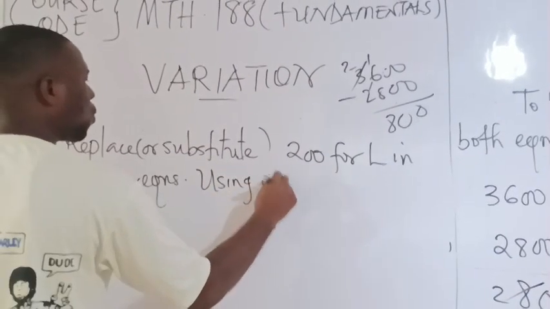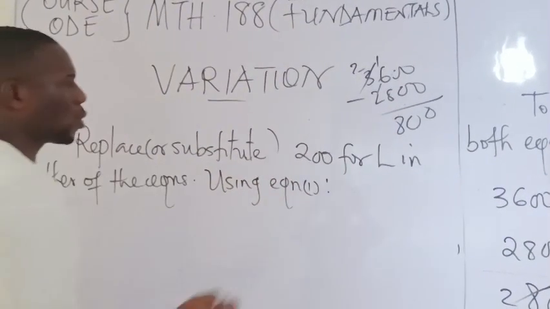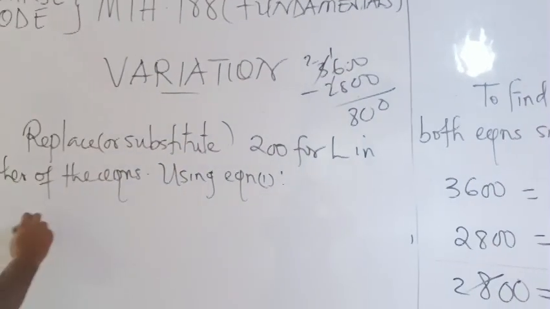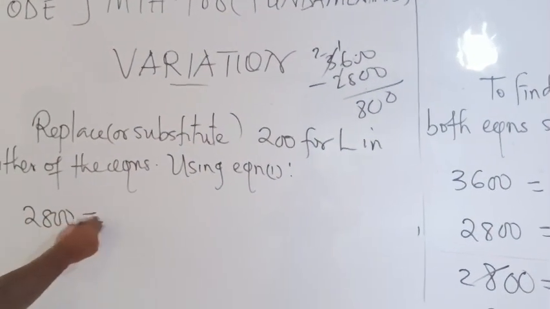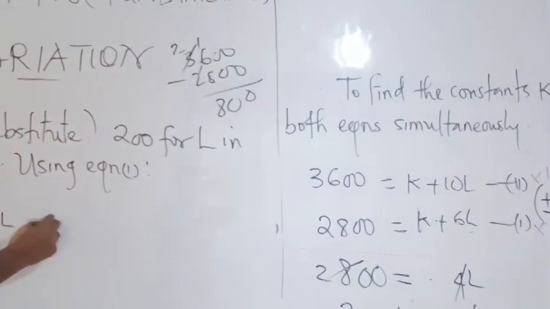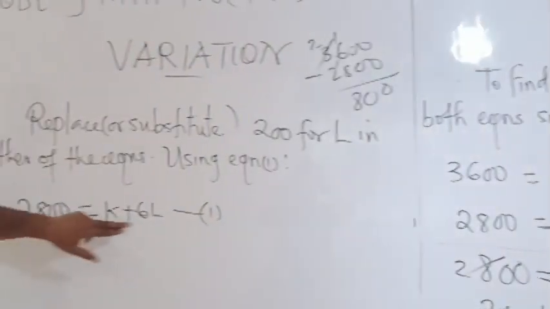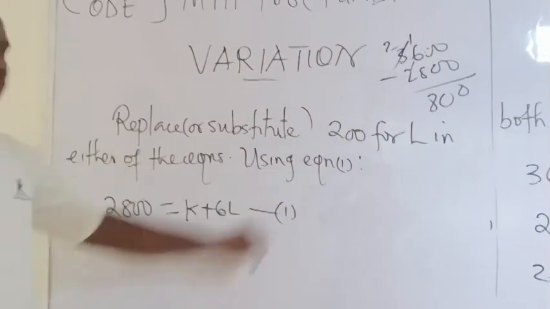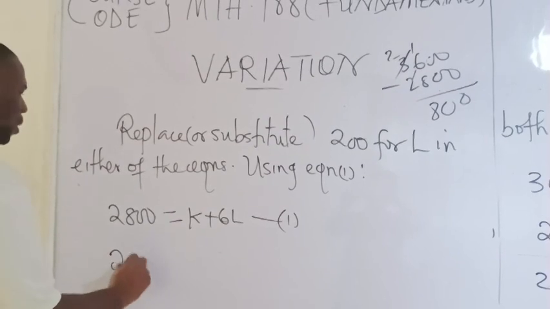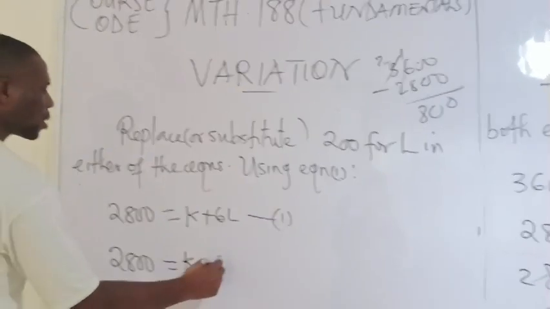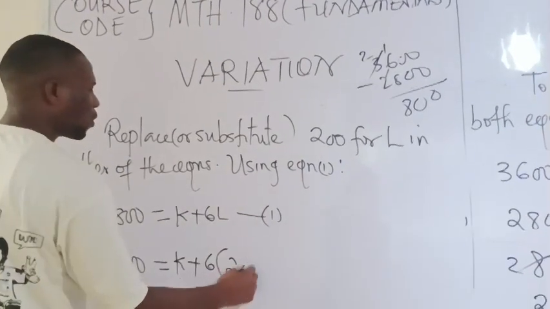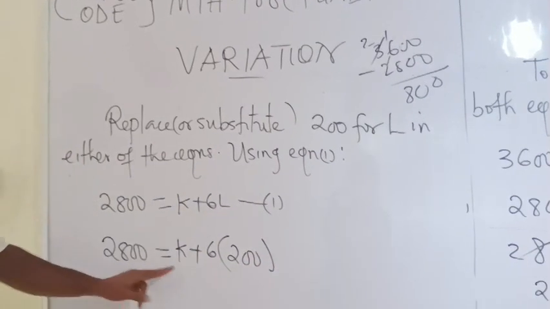So using equation 1, and what is equation 1? Equation 1 is 2800 is equal to K plus 6L. Anywhere I see the L now, I could just stick in 200 there. So I have 2800 is equal to K plus 6 times 200. Can you see I'm left with the K now?